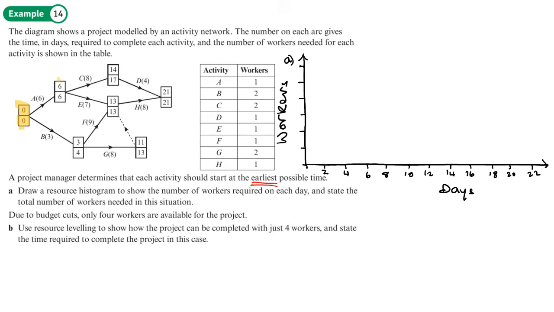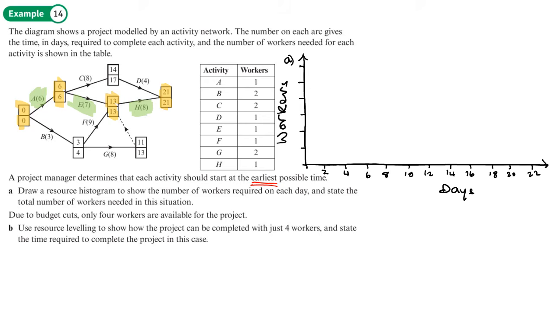So where the numbers are the same here, and then we'll just check that the maths works for those numbers. So I can see that A is a critical activity, 6 plus 7 is 13, that's a critical activity, and 13 plus 8 is 21, so H is a critical activity. So these are going to be the ones that I'm going to fill in first.